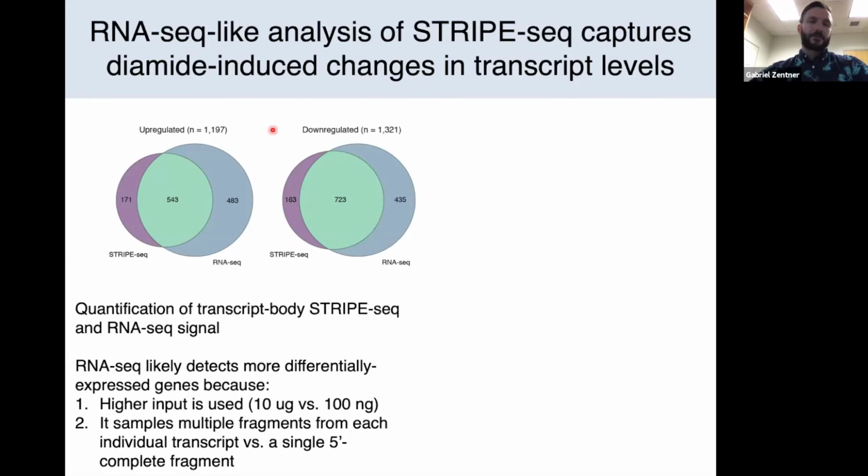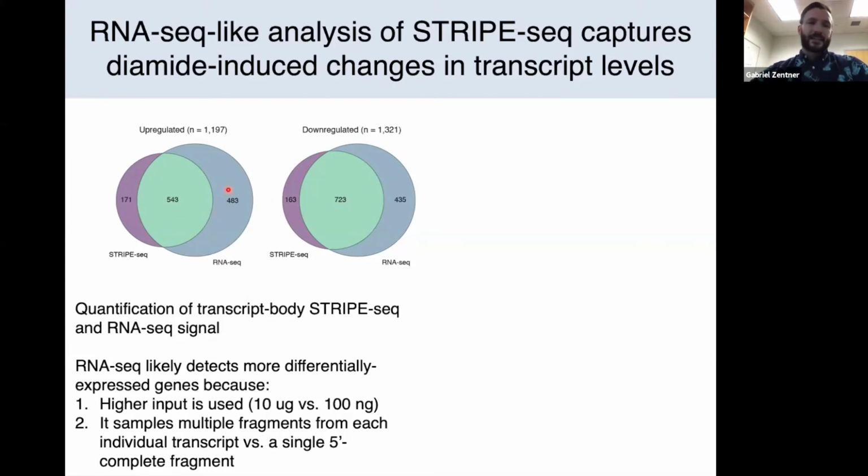So when we quantified transcript levels via STRIPE-seq and RNA-seq, with and without diamide treatment, we got about 1,200 upregulated genes and 1,300 downregulated genes. The majority of them were shared between STRIPE-seq and RNA-seq, the center of the Venn diagrams here.